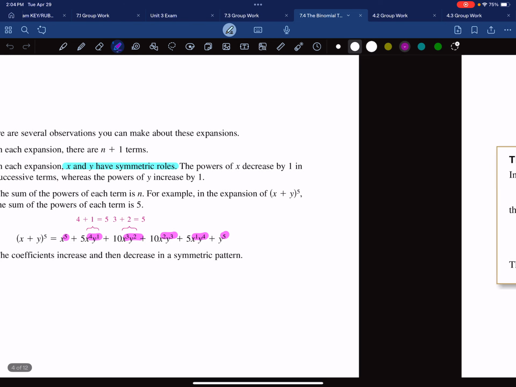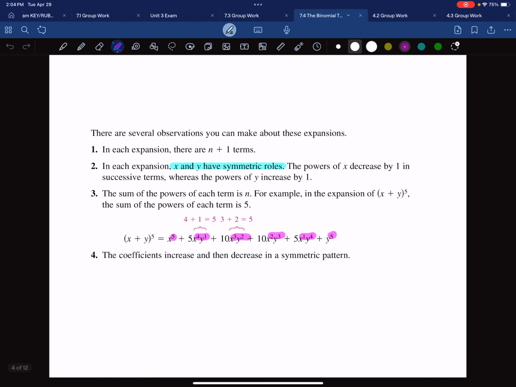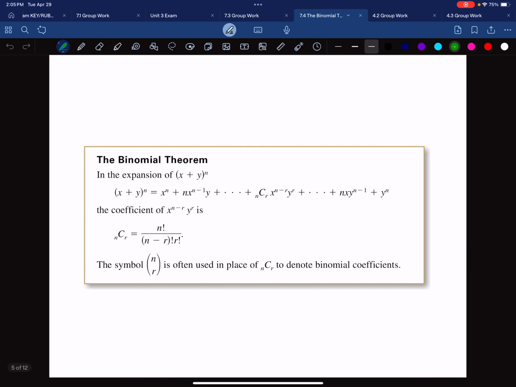Well, the coefficients actually come from a branch of mathematics called combinatorics, and they are based off of this, which is called a combination. And when we read it, we're going to read that as n choose r.